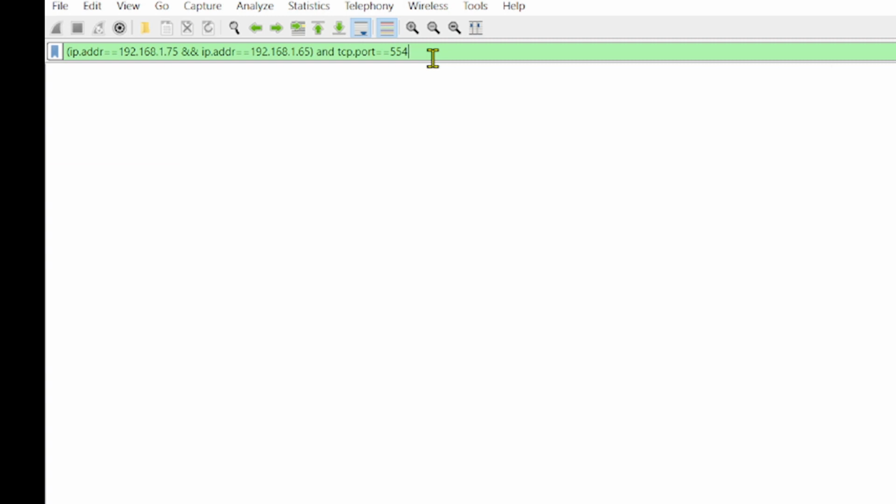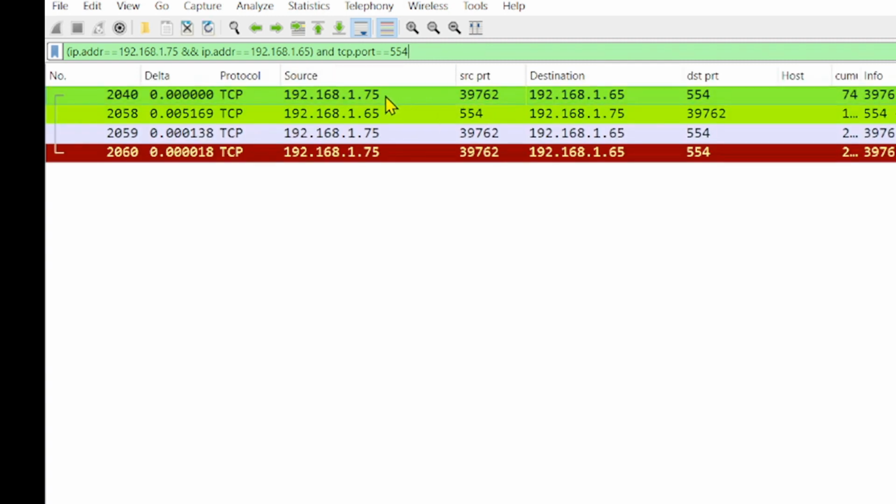We'll see. Beautiful. So now we can see that 75 sent a SYN packet to 65. Okay, great. We know that. We also previously confirmed that a SYN-ACK here came back to 75. Okay, so that means an open port, and then the 75 machine actually completes that three-way handshake with an ACK.